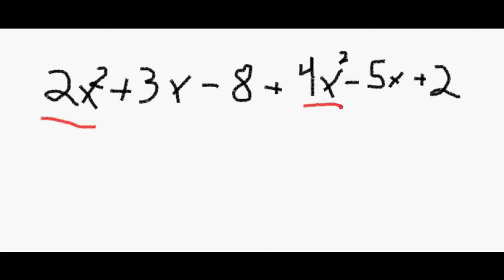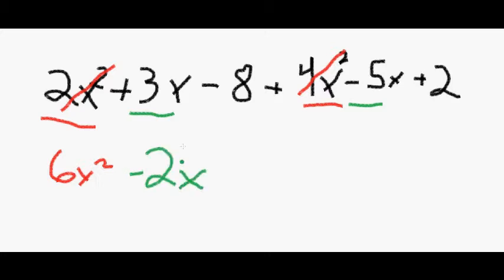There's an x squared here, and there's an x squared here. So 2x squared plus 4x squared is 6x squared. Alright, so that's done. Now let's look at the x's. We have 3x here, and we have a negative 5x here. So 3 minus 5, you should be able to do this in your head, is negative 2x. Alright, so that's done.